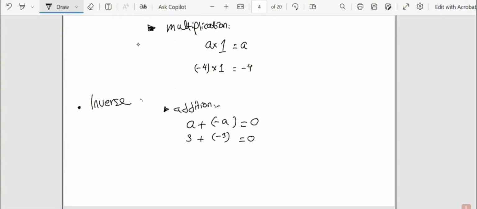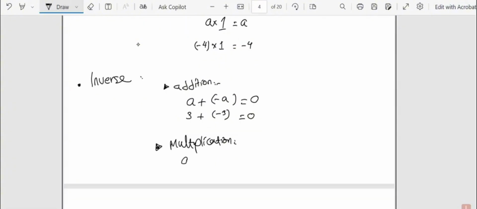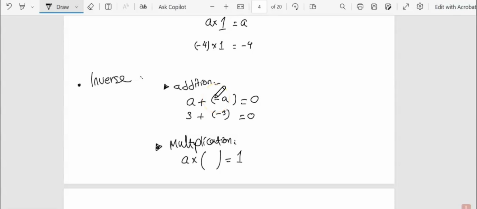Similarly, for multiplication, what is the number that I multiply a with and give me 1, the identity? The number we multiply is 1 over a. So it's the multiplication inverse of a.